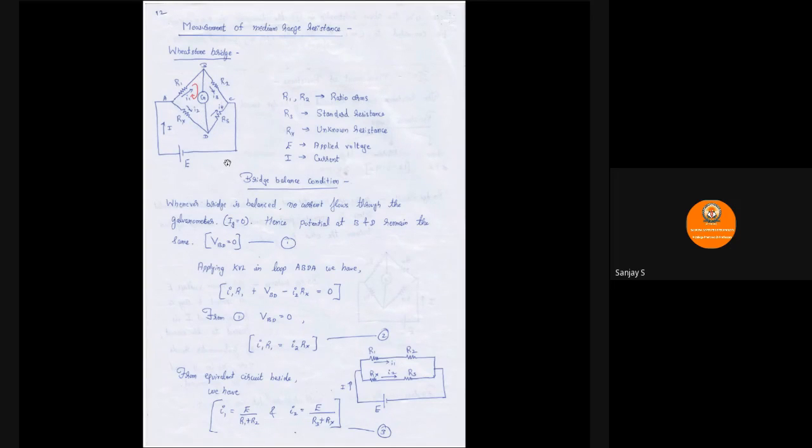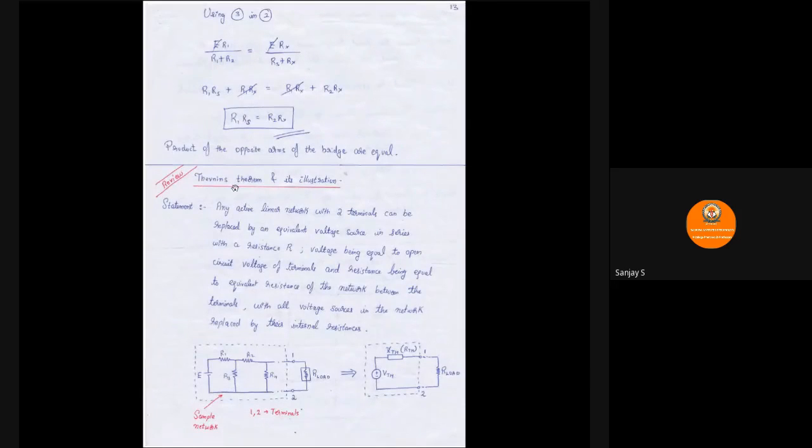So for this purpose, I'm introducing Thevenin's theorem. In your electrical circuit analysis, you'll be studying in detail what Thevenin's theorem is, and you'll be solving several problems on it. So here I'll be using Thevenin's theorem. Let me introduce the theorem to you and apply the same to our Wheatstone bridge circuit. Let us go through the statement.